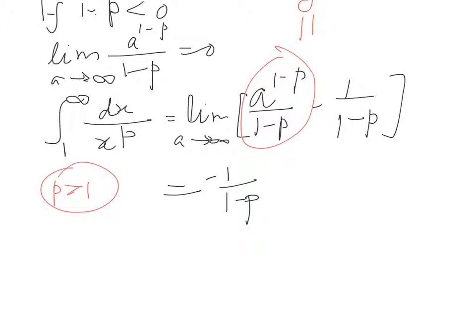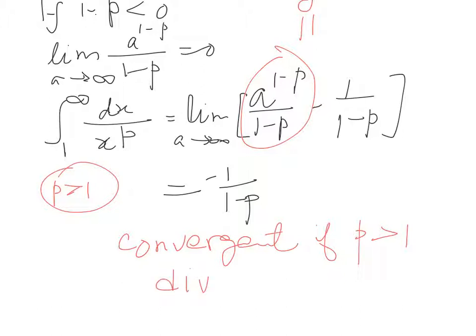This improper integral is convergent if p is greater than 1, having shown that the integral is divergent in case p is equal to 1 or p is less than 1, so we can say divergent otherwise.